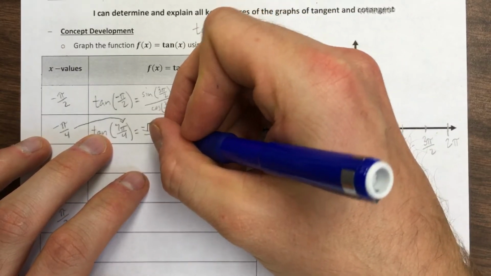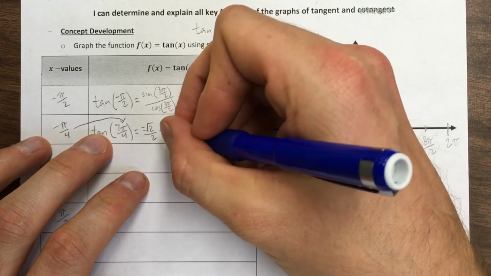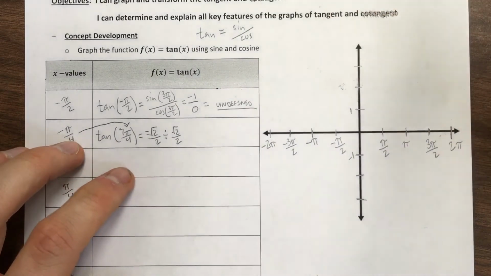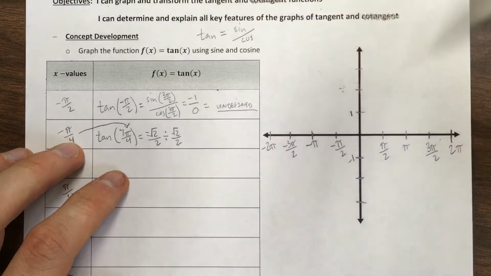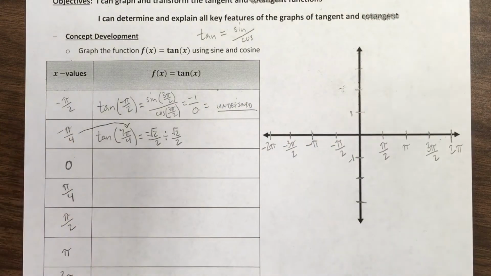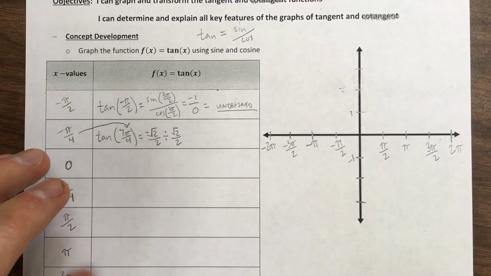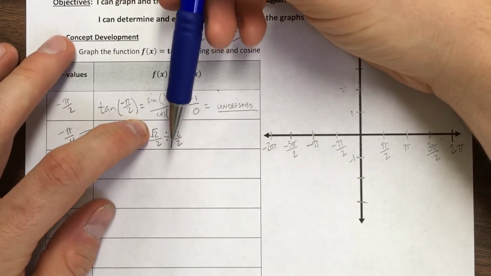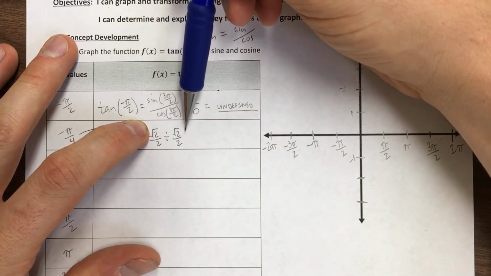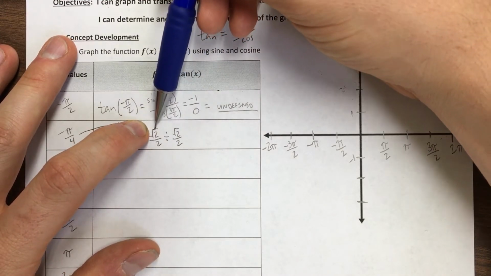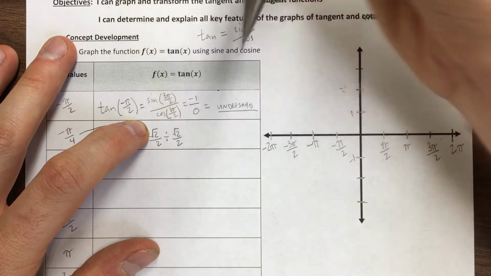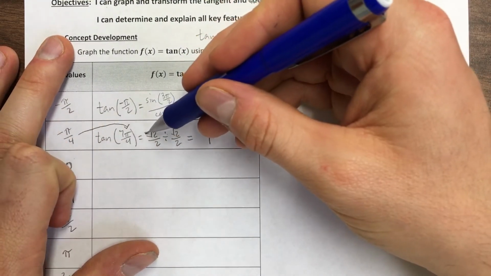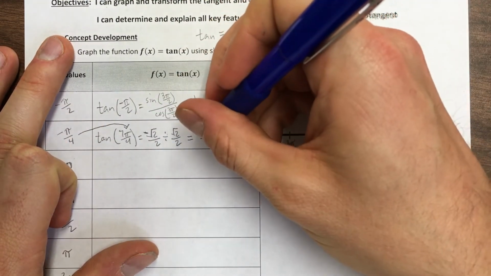I'm going to divide that by the cosine, which is square root of 2 over 2. Now, we could multiply by the reciprocal, all of those things. However, in this case, if I take away the negative, we have something divided by itself. Anytime we have something divided by itself, that's always going to be 1. But because this one is negative, it'll be negative 1.